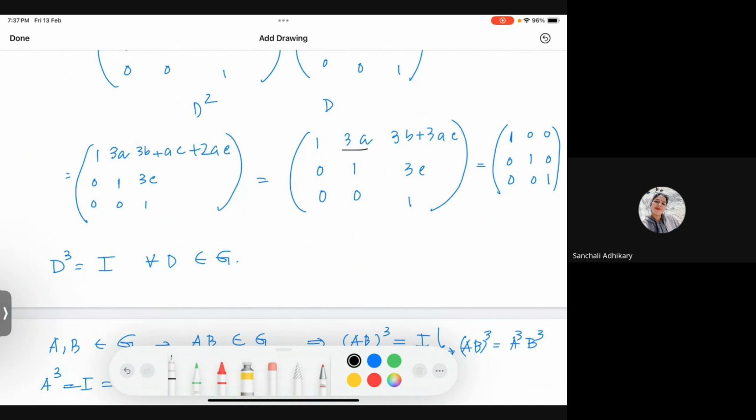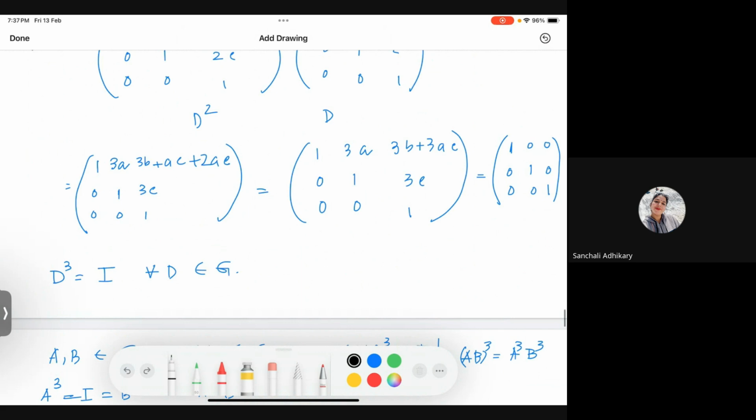So I write 0 here in the 1,2 position. In the 1,3 position, 3B means 0, and here 3AC also means 0. And here 3C is also 0, because in Z3, 3 is equal to 0, right? So D^3 is equal to identity for all D belonging to this Heisenberg group.